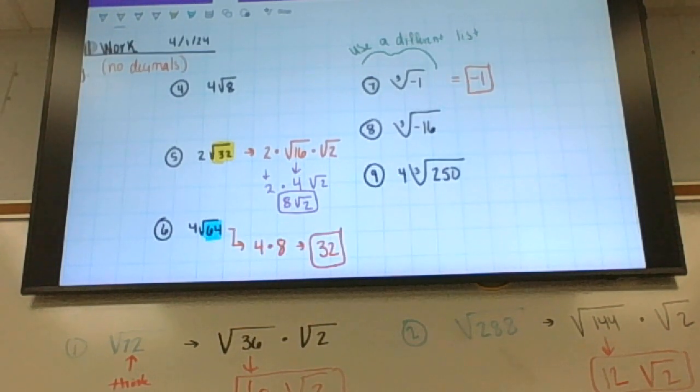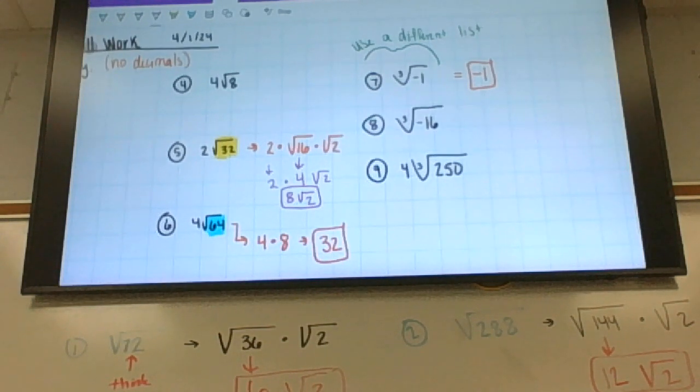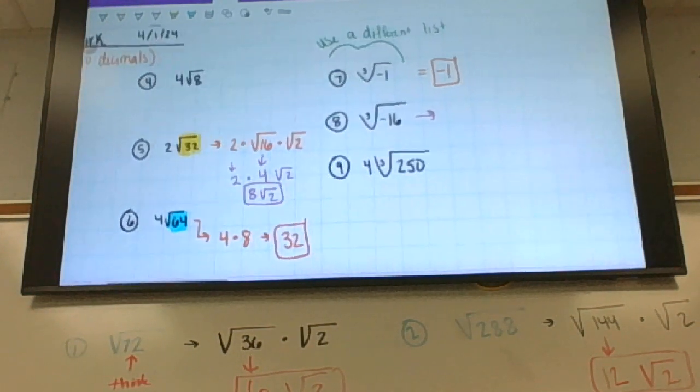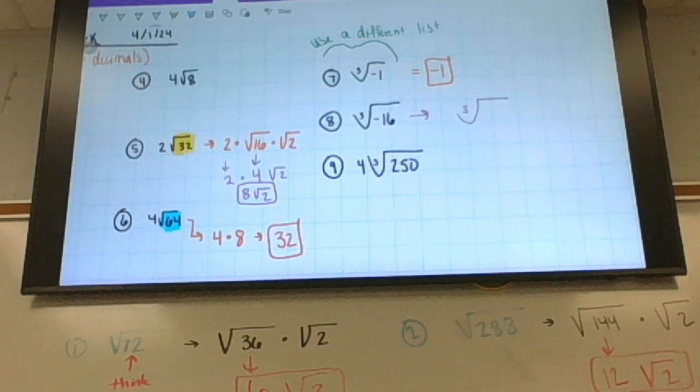That's because negative 1 times negative 1 times negative 1 is negative 1. And then when I look at this, 16 is not in this list. But 8 is. So I'm going to rewrite this one. This is going to be the cube root of negative 8 times the cube root of 2.